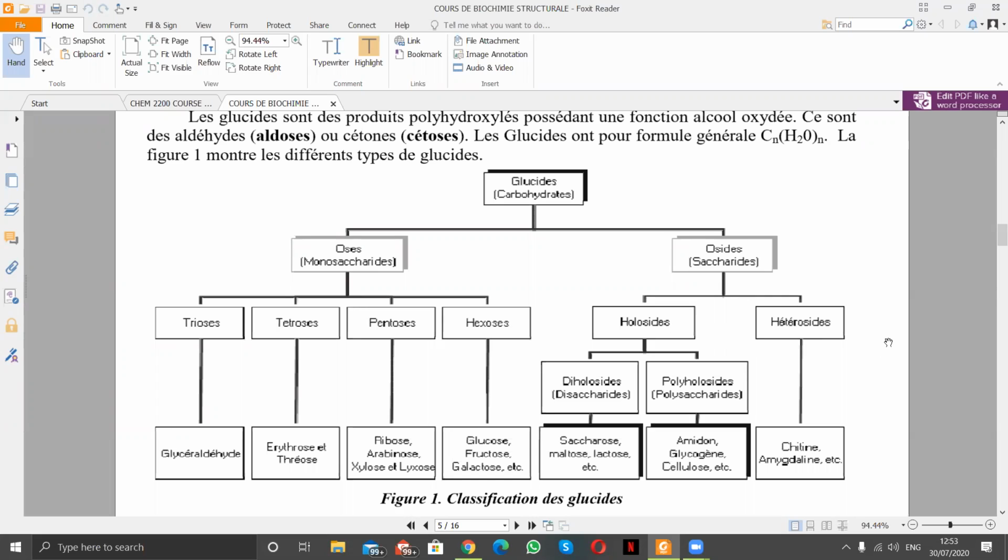Hetero is different, and homo has a unique chain. Most of the complex carbohydrates have only the suffix acidic. These are complex, these are simple.